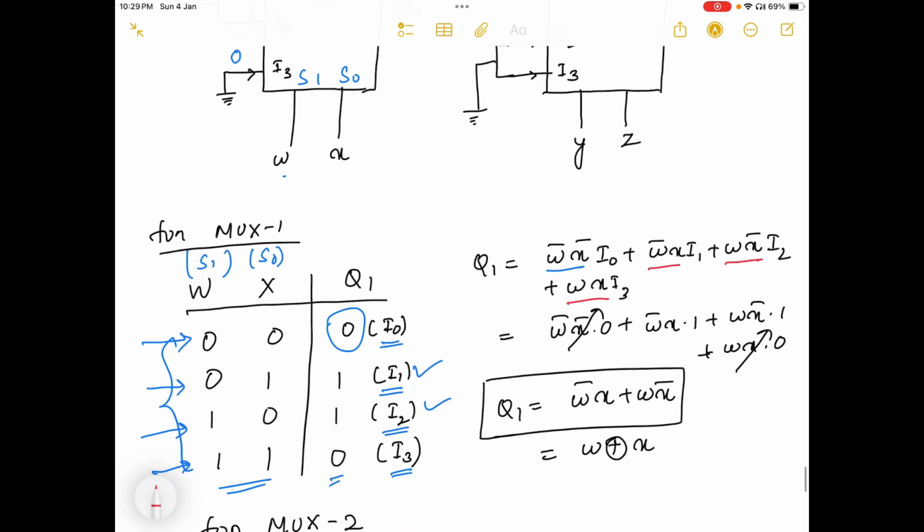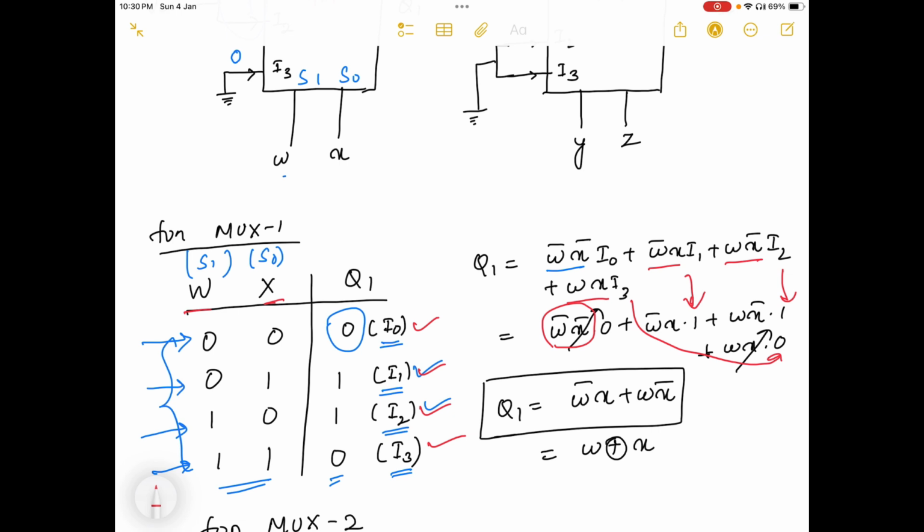We know the I0, I1, I2 and I3 values and the W and X values. So for 00 I wrote W bar X bar into 0, W bar X into 1, for I2 again 1, and for I3 I wrote 0.